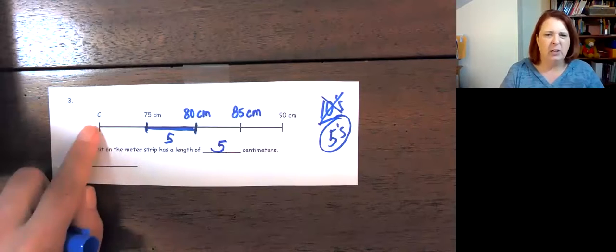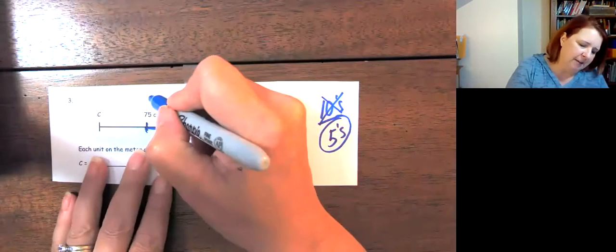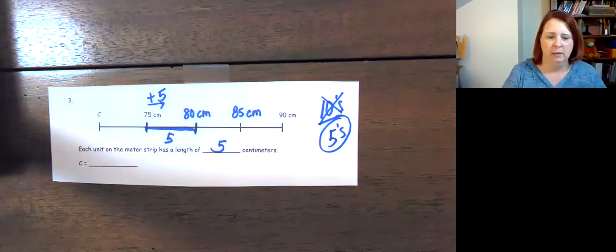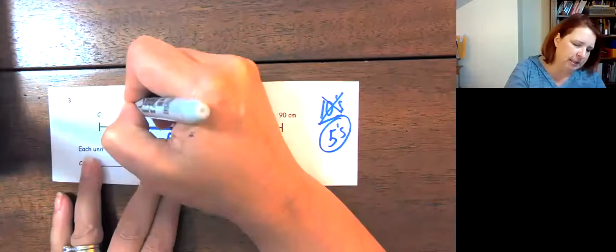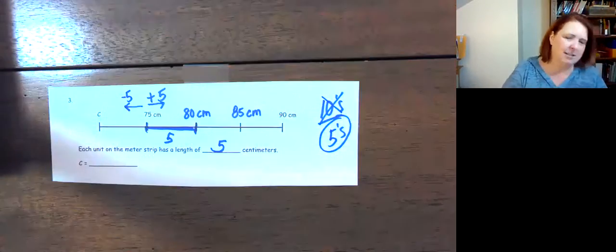So how are we going to figure out C then? There's no starting number. You guys are such geniuses. You're right. If every time we moved forward, it was plus 5, if we go backwards, it's going to be minus 5. You guys are rock stars.